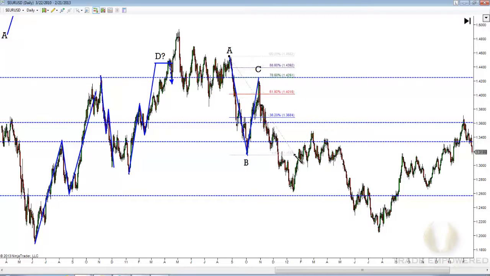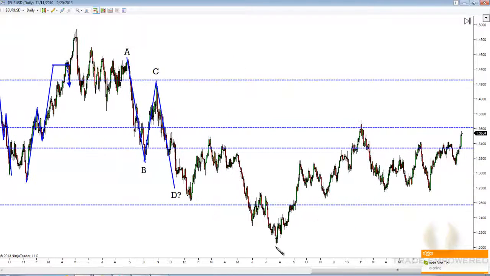Yep, right to a 786 Fibonacci retracement. The first thing we learned about in this session. And then how do we know where our D is going to complete at? Well, we take our A to B move, we copy and paste it, attach that to our C leg. And what do you know? D completion right in this level. Over and over again. You can see them all over the place. A to B.